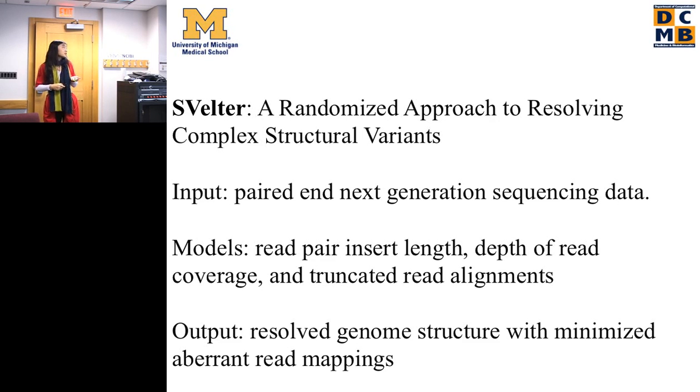The output of SVelter, which I think is pretty cool, is that we output the resolved whole genome structure. The best structure we output is defined as the one with minimized aberrant read mappings.